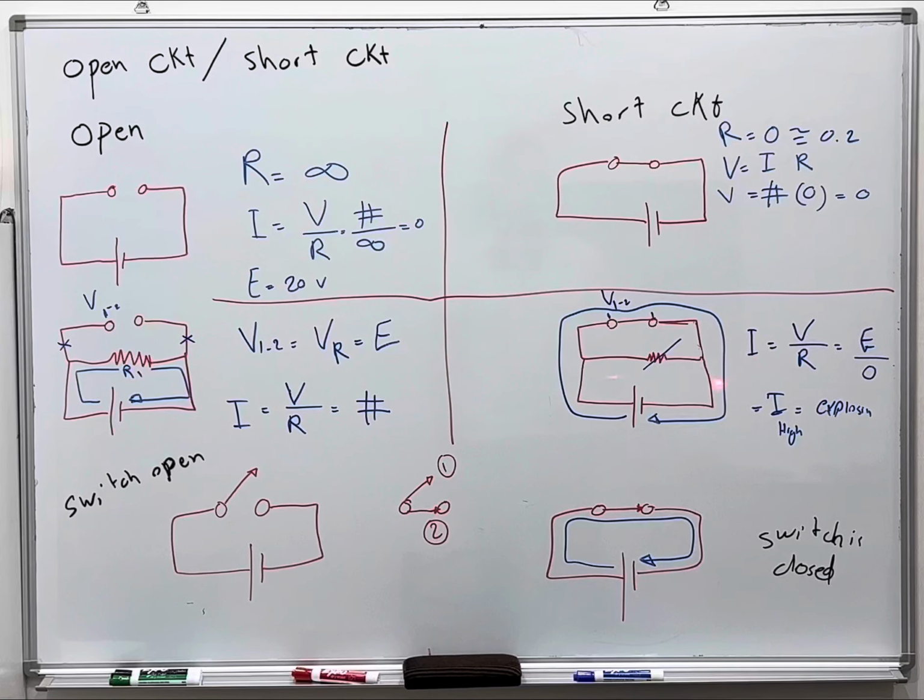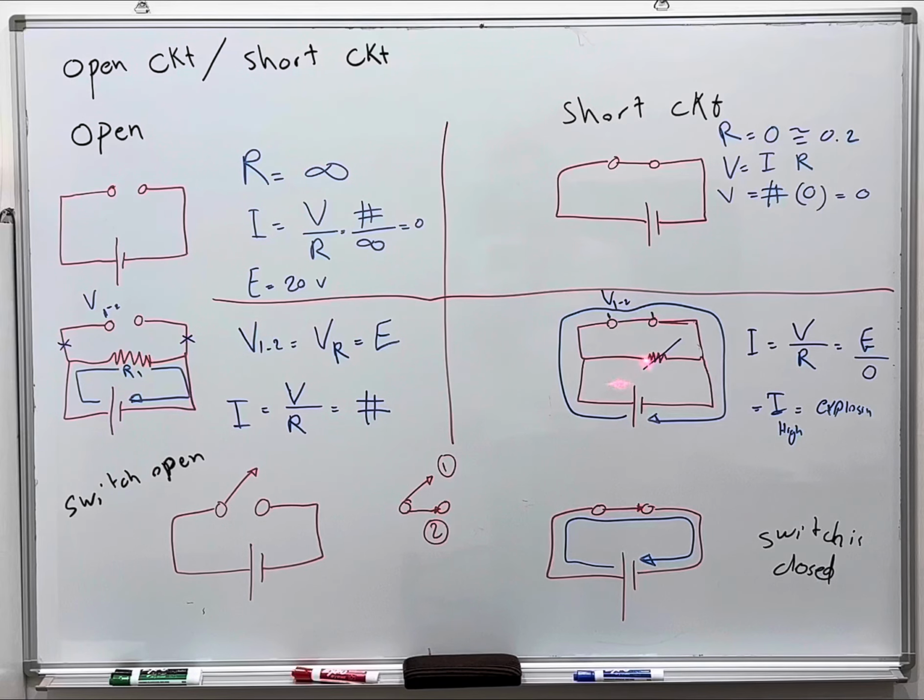So I equals V, which is the source here, divided by R, which is almost 0, or something like 0.2. So I will be a huge amount of current, and it might cause an explosion.